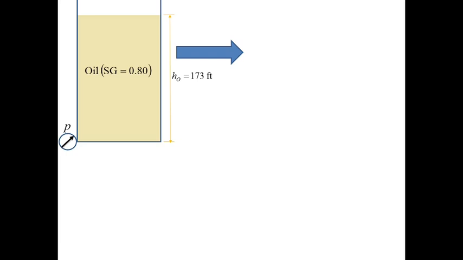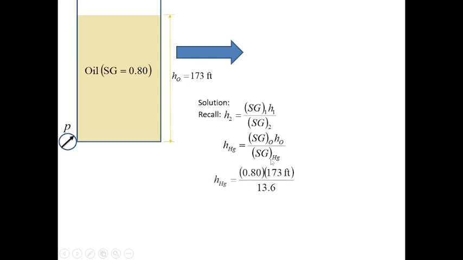So in here we have oil, and recall that the height is equal to the specific gravity of liquid 1 times the height over specific gravity of liquid 2. Then the height of mercury: we have specific gravity of oil times height of oil over specific gravity of mercury.